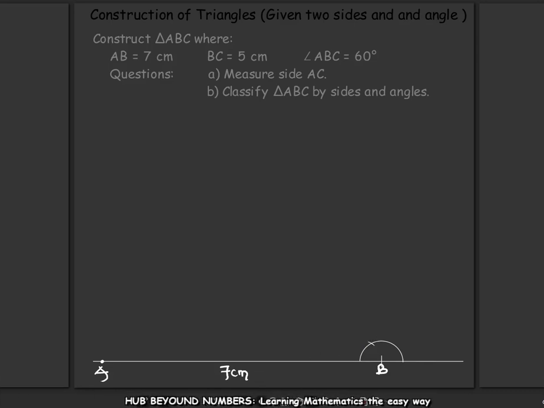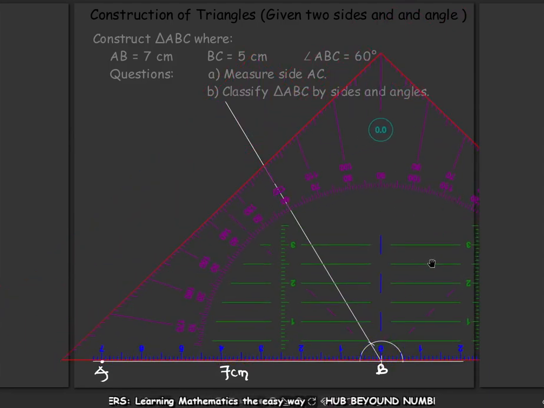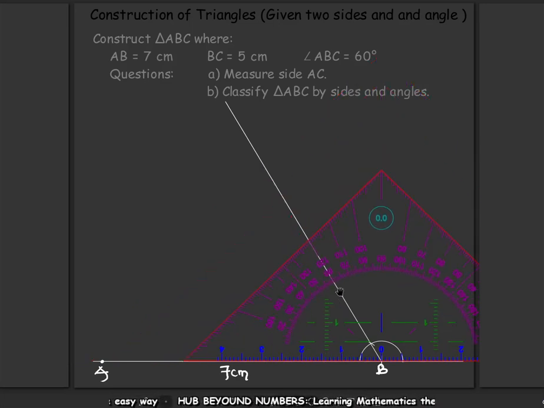You have to use your ruler to draw a very straight line through this point. Now you can try and measure to see. If I take my protractor and measure, you'll see that it is through my 60 degrees shown over here. This is my 60 degrees.